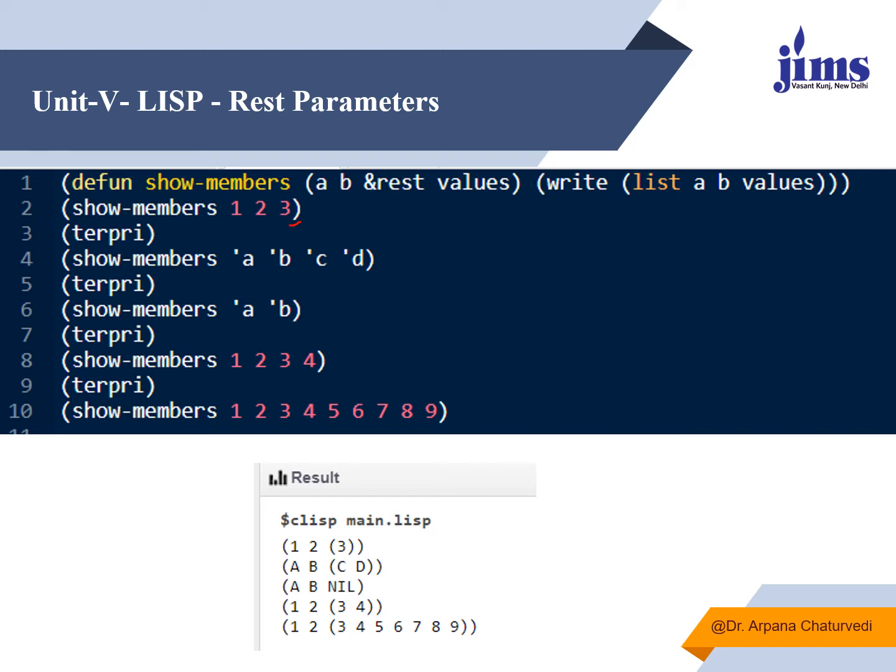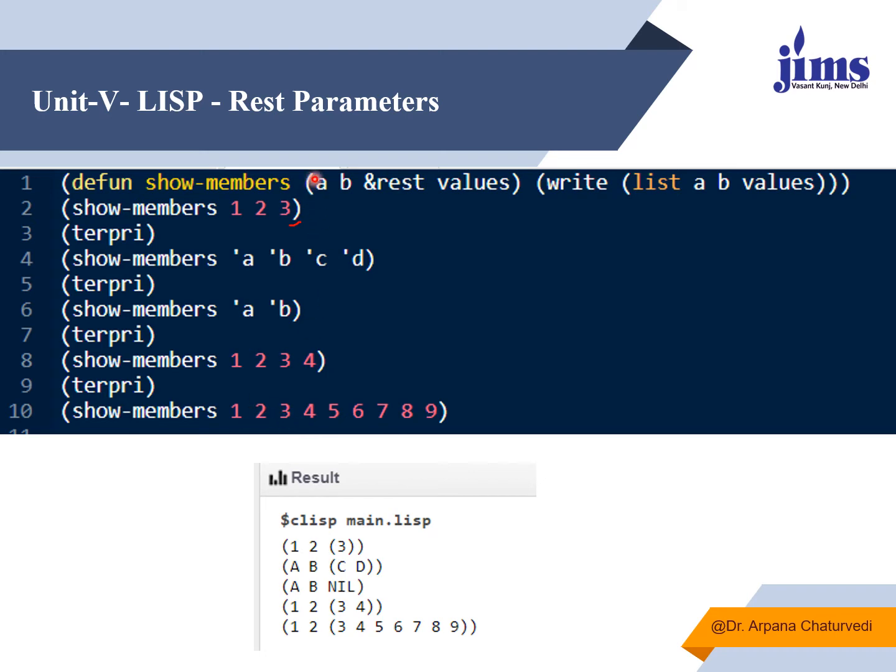Now again, see, we have passed A and B. So it means that I am not passing any variable number of arguments over there. So it will represent nil over here. 1, 2, 3, 4, you can pass numbers also. So 3, 4 will be a part of values, that is the inner sublist. Similarly, I have passed so many arguments.